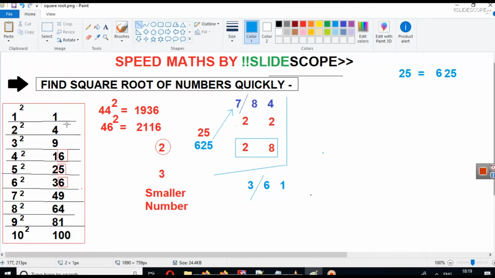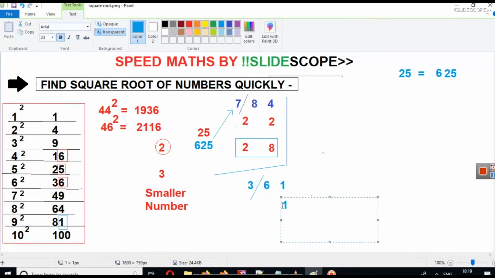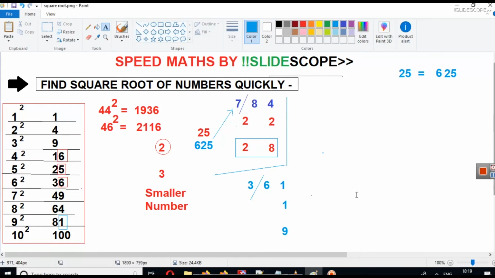In case of 1 the square ends in 1, and in case of 9 also it ends in 1. So our two numbers for the last position will be 1 and 9. These are two contenders for the last position, and we have to decide which one it is.